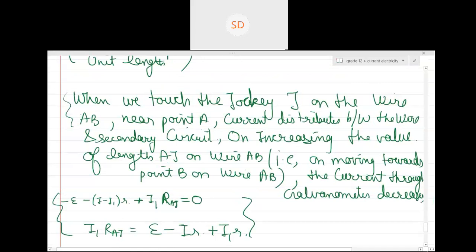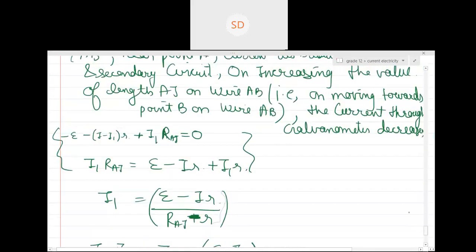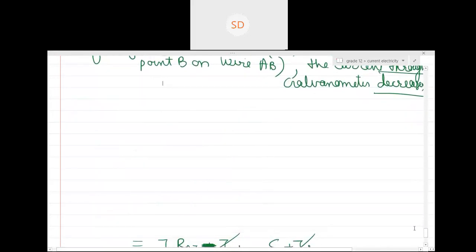Is this clear? So try to do this analysis at home. Take any values and, according to the values, see what is the value of I minus I1. It is done using Kirchhoff's voltage law. Is it fine?